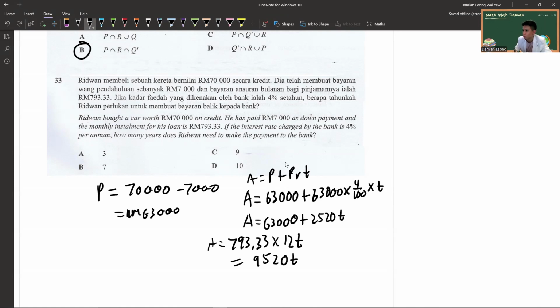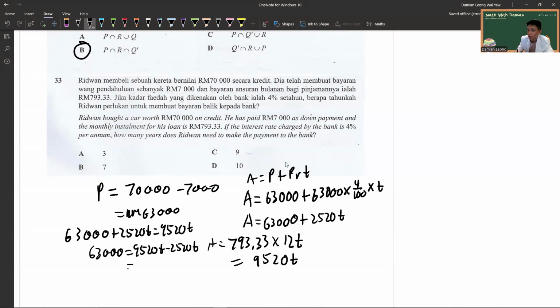So 63,000 plus 2520t equals 9520t. 63,000 is 9520t minus 2520t, which is 7,000t.